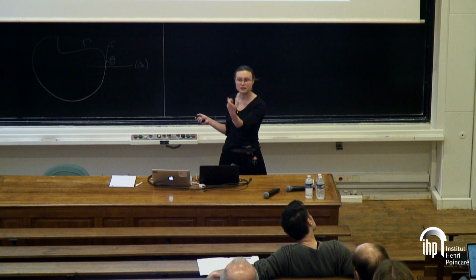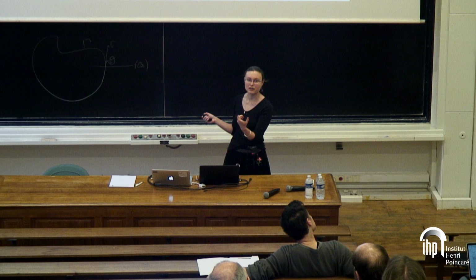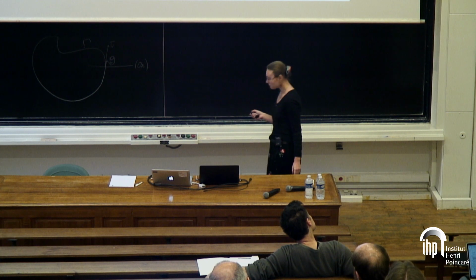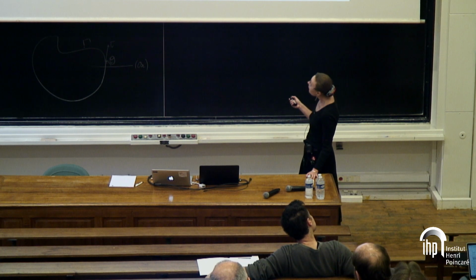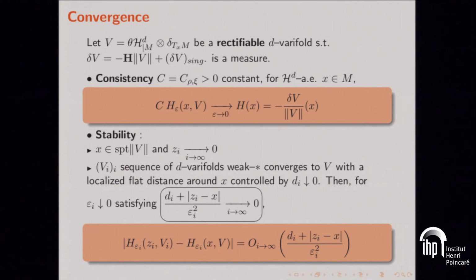It's more like a stability question, and usually it's more difficult. The answer is yes, and that's why maybe varifolds are a nice framework for curvature, because it's usually not easy to have a positive answer to the pointwise convergence question of curvature.